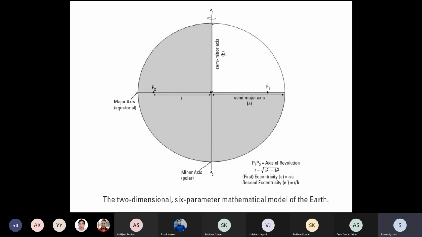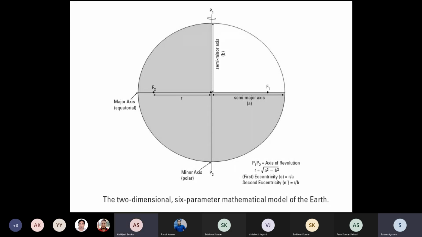If the shape is a circle, the value of eccentricity will be 0, because the value of E ranges from 0 to 1. For a circle it is 0, and for a straight line it is 1. It basically varies from circle to a flat line. So the value for the ellipsoid will be neither 0 nor 1. It will be a very small value when you calculate the eccentricity of the Earth.